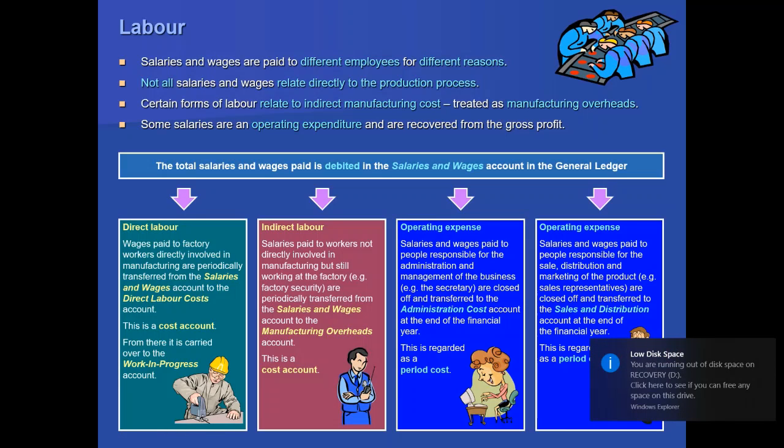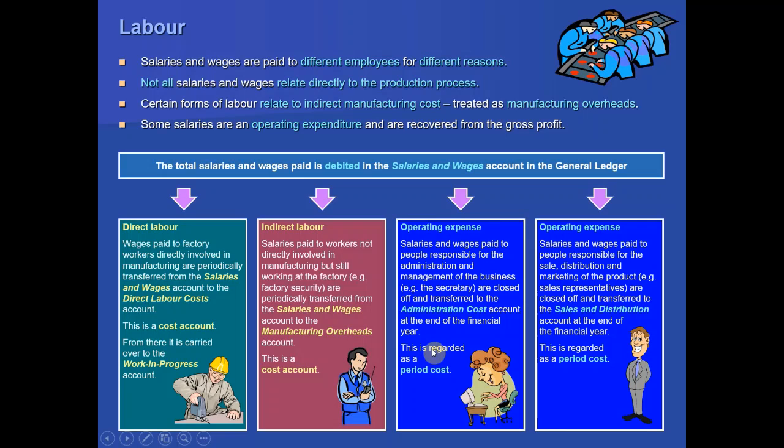So since we now have to credit salaries and wages, we will have to debit sales and distribution account. And this is similarly as the administration cost account, also a periodic cost, as it does not relate directly to the manufacturing process.